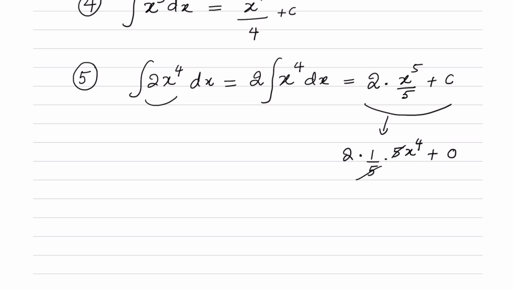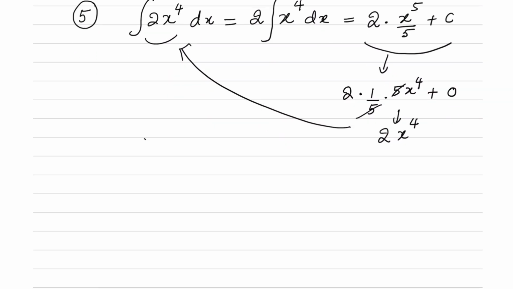So 5 cancels with this 5 and you get back 2 into x4, which is the same thing as in here.